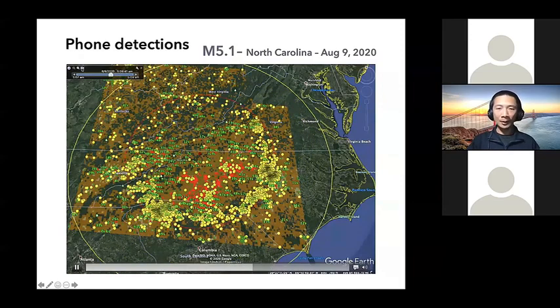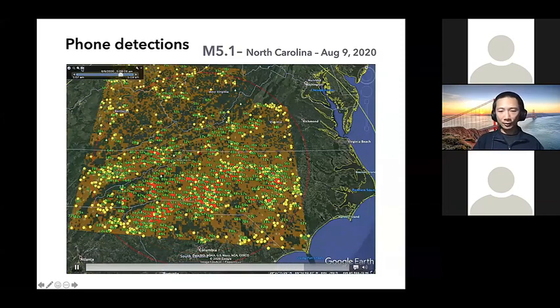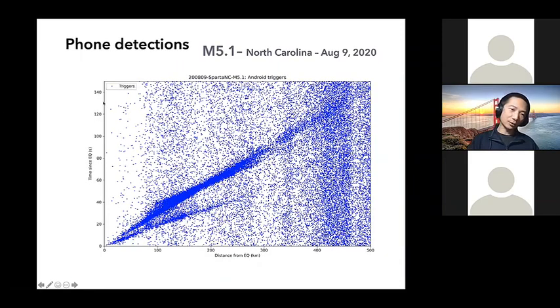If we plot all these phones, this axis is the distance from the earthquake and this is the time from the earthquake. What you can see is that the triggered phones very nicely trace out the seismic waves.